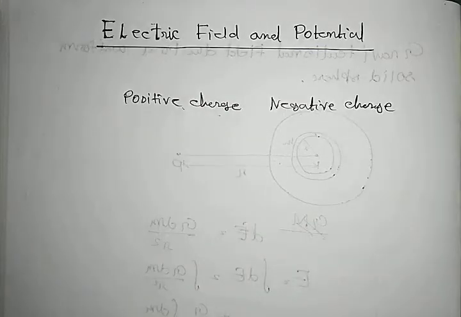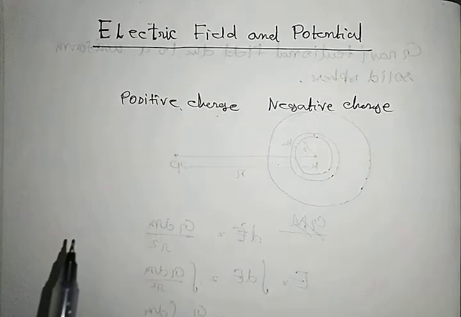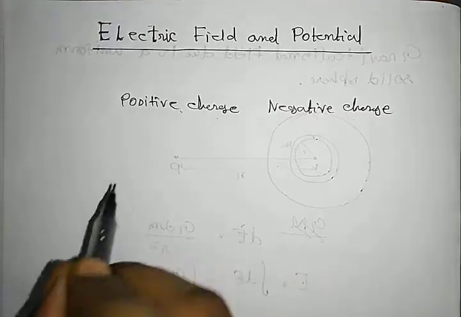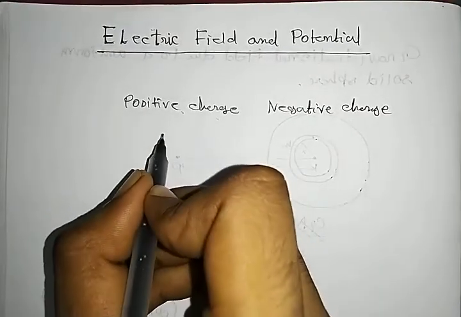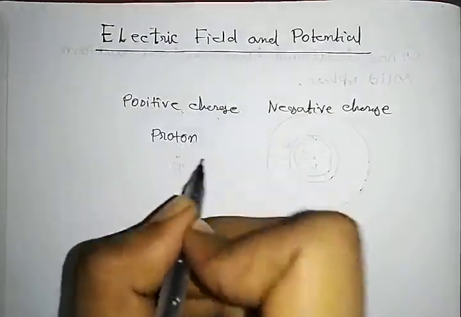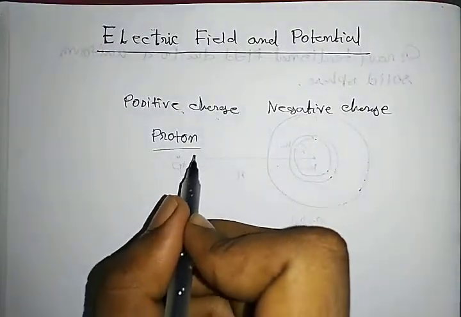Now we are going to study some examples of which ones are the positive charges and which ones are the negative ones. There are many subatomic particles inside an atom. Among those particles, for now we'll just know this name, the proton. This one is a positively charged particle.